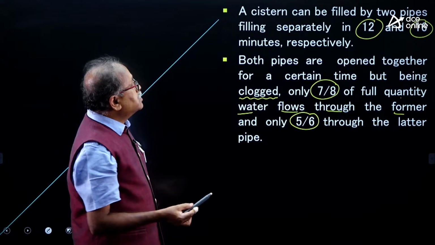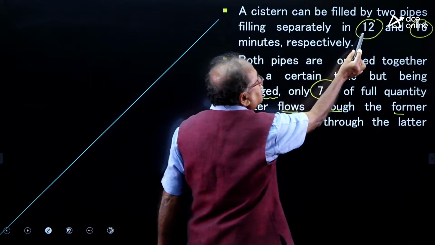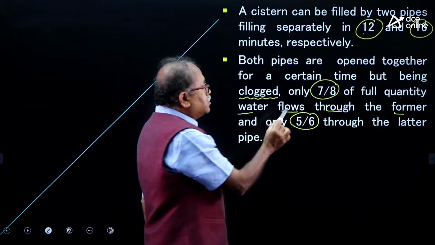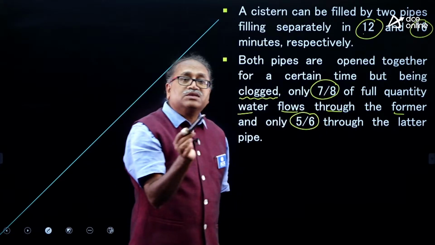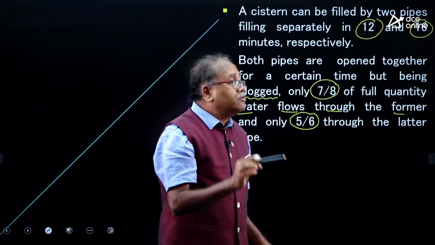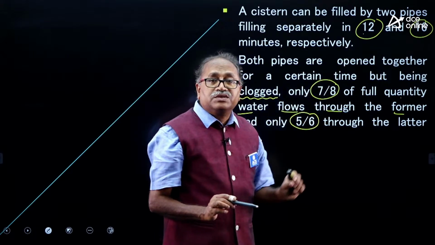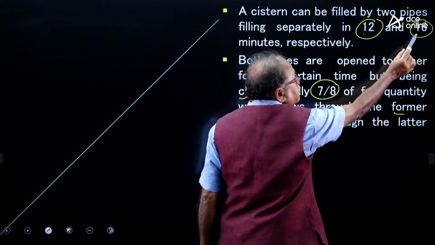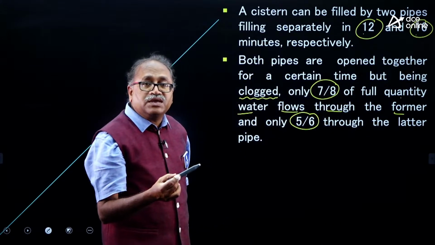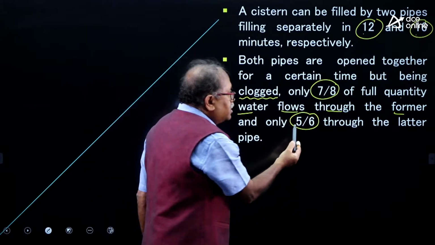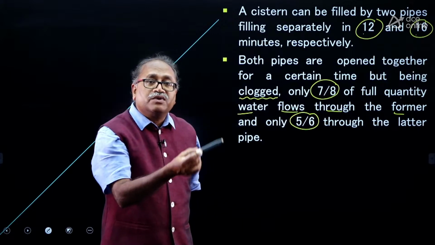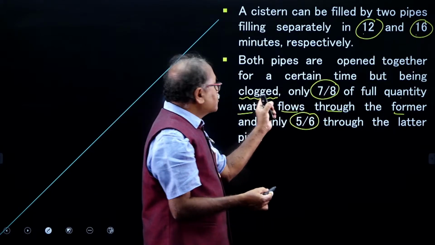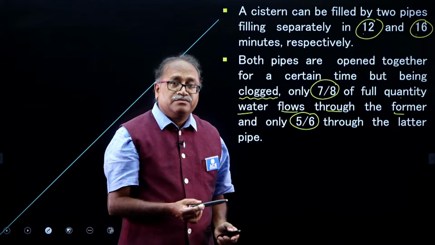What is the former, what is the latter? The one that fills the tank in 12 minutes, because of the blockage, had a water flow of only 7/8 of the total. In a similar way, from the tap which fills in 16 minutes, only 5/6 of the water was able to pass because of the blockage.